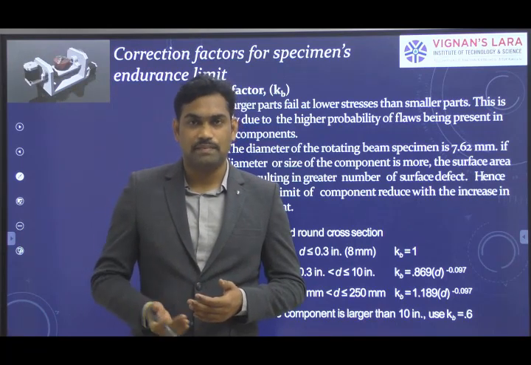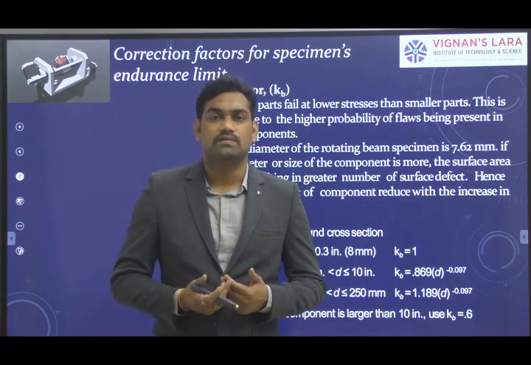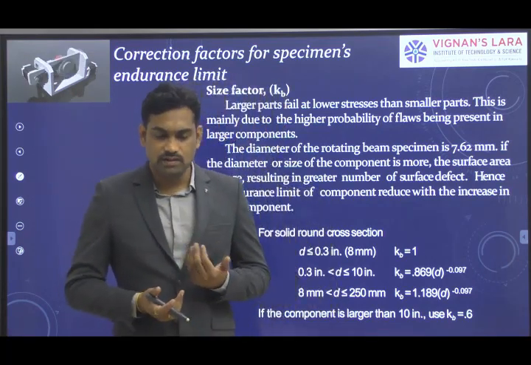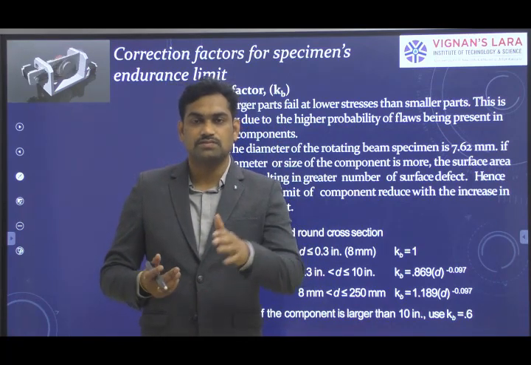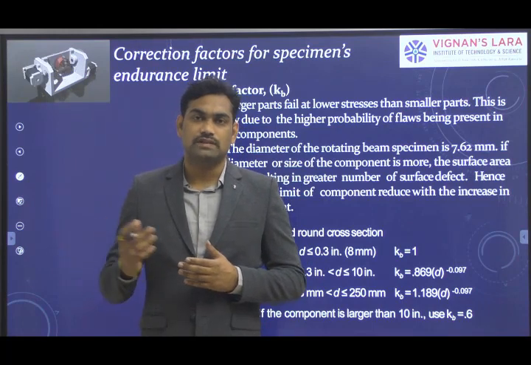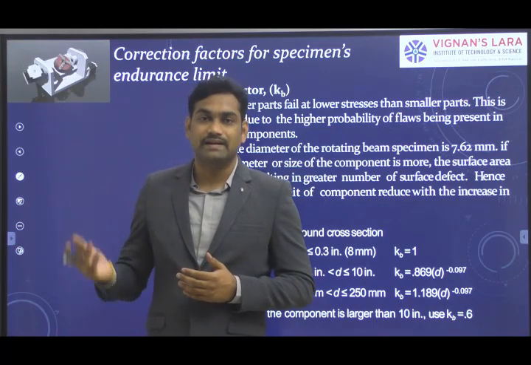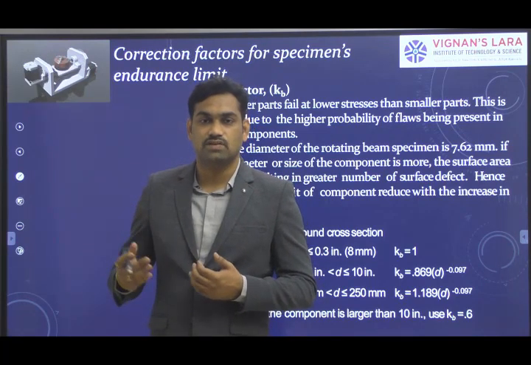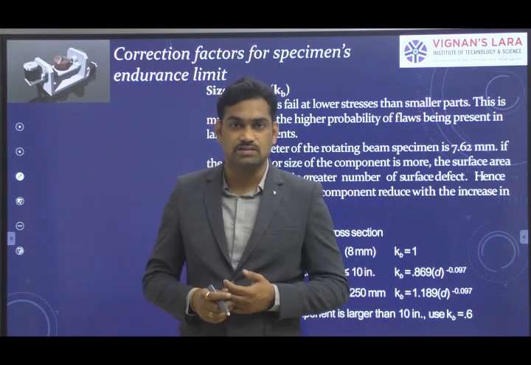Based upon the capacity of the machine and the functionality of the component, you can go with a variation in the geometry. Whenever the size of the component increases, we can go to 50 mm, 100 mm. With the increase of the size, there is a much higher probability of greater flaws in the machine component. Whenever the size of the component increases, the flaws present in the component also increase.